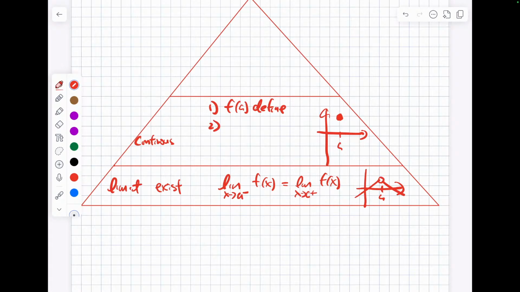The second condition says the limit as x approaches a of f of x must exist. So it will look something like this. It still exists, but is it continuous? No. So the third condition says the limit as x approaches a of f of x equals f of a.